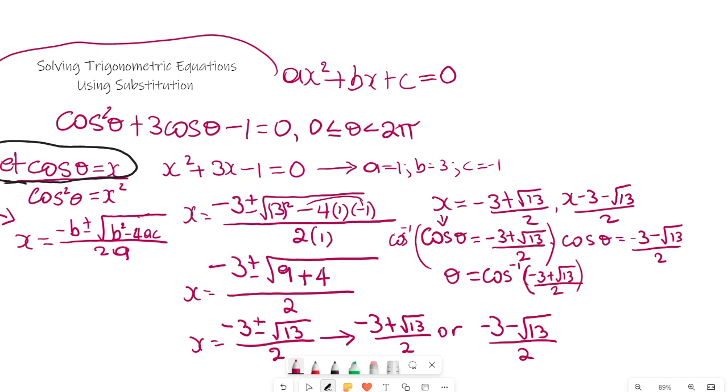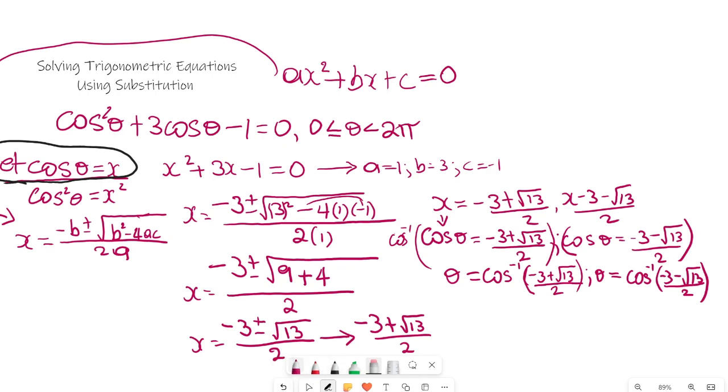That's for that side. Or theta is going to be, again taking the inverse of both sides, cosine inverse of negative 3 minus root 13 over 2. And so you should have a function on your calculator that gives you the value of theta once you just plug it in. Okay, let me rewrite this here.